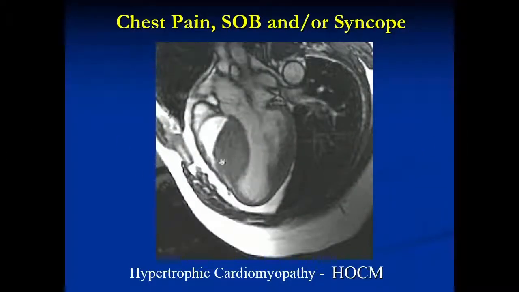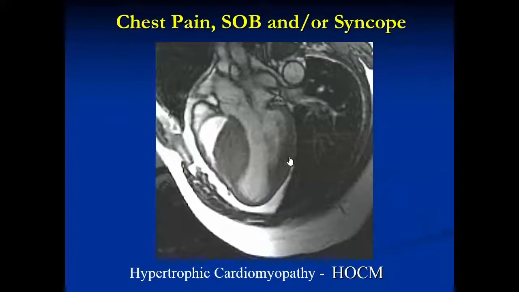This is the most typical presentation of hypertrophic cardiomyopathy, with a septum that is much thicker than the posterior wall. So if you're in front of a patient that looks like this, you know the problem is hypertrophic cardiomyopathy. Now it could be hypertrophic in all walls.